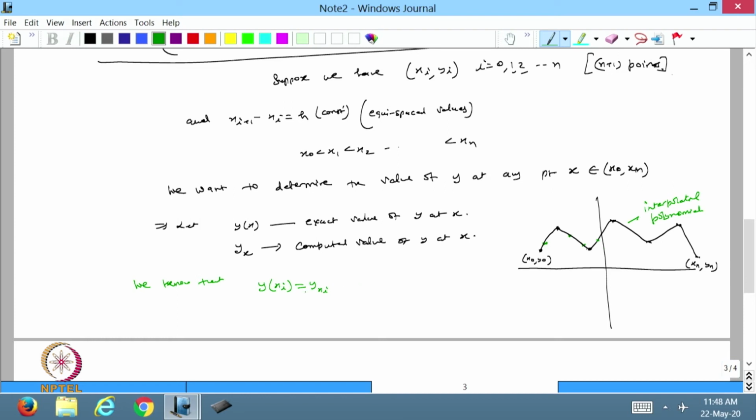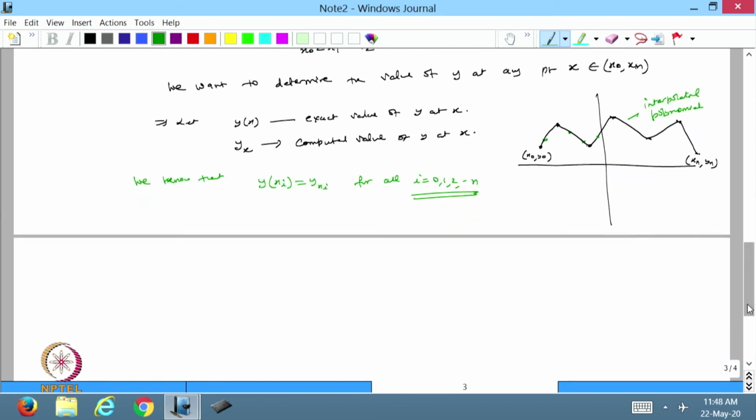So, this is true for all i, that is 0, 1, 2 up to n. So, the computed value is the same as the exact value. This is one of the things we already know from the interpolating polynomial.